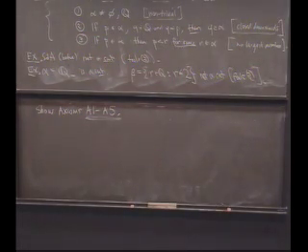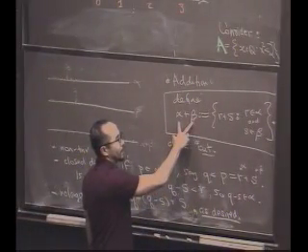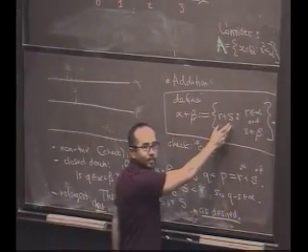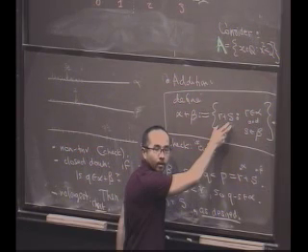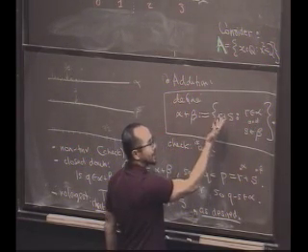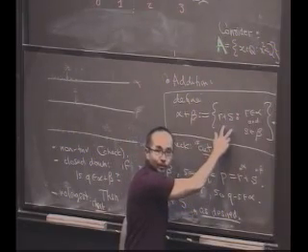So, for instance, commutativity. If I define beta plus alpha to be all S plus R, such that blah, blah, blah, is it clear that alpha plus beta is going to be the same collection as beta plus alpha? Why? Addition itself is commutative for rationals.